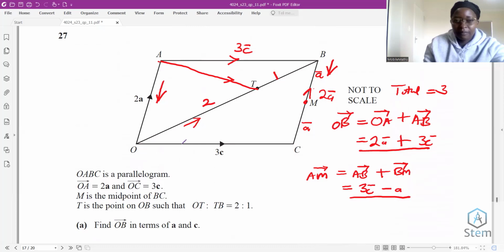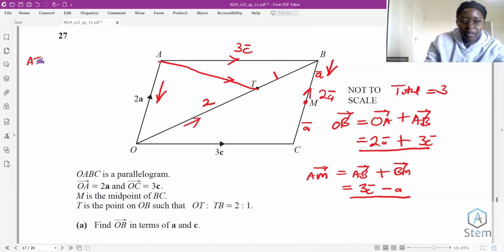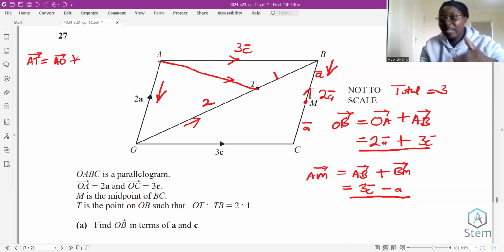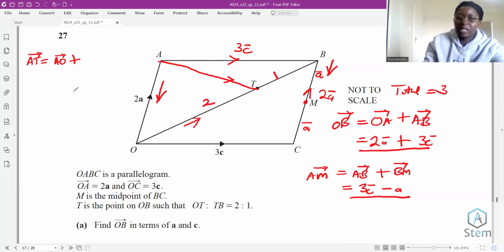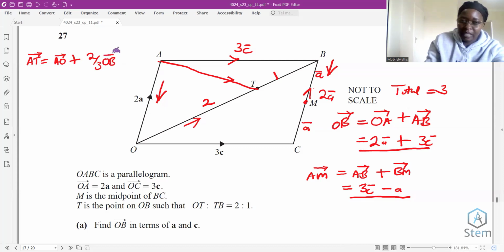Okay, so let's find it. So I can say my AT is equal to AO plus OT. We don't have OT, but we have OB, and we can use the ratios and say to get OT, it's going to be 2/3 of OB, vector OB. So that's what we are going to do.